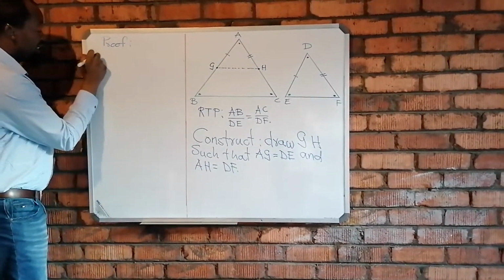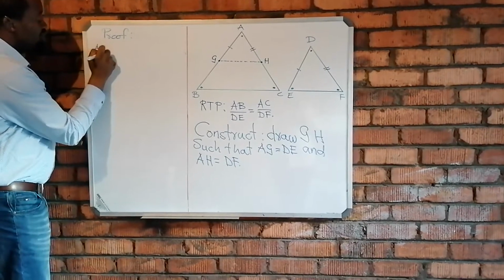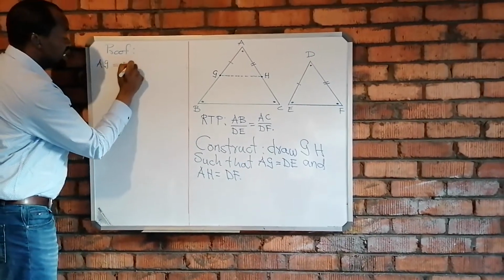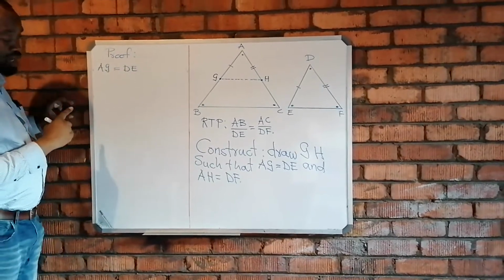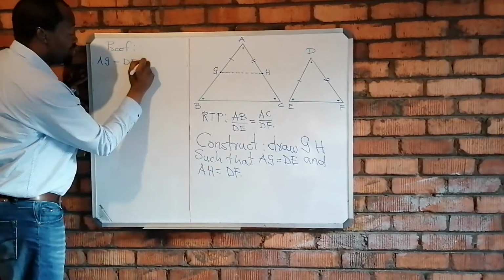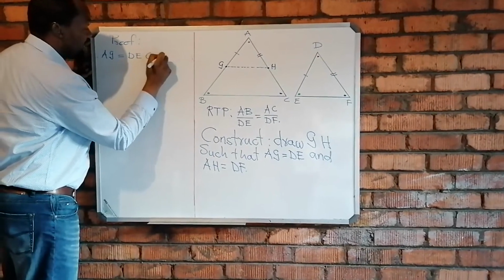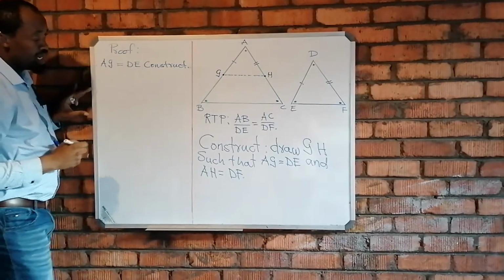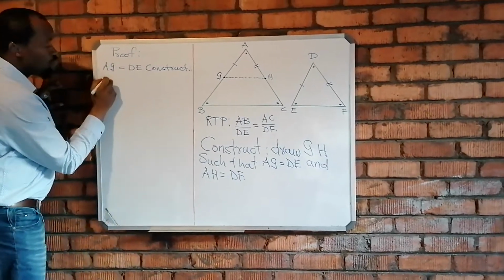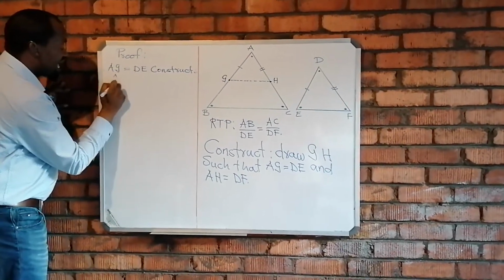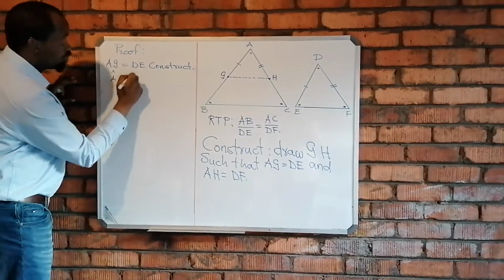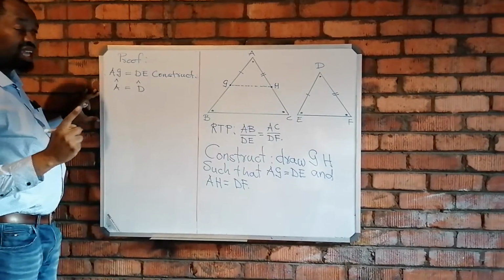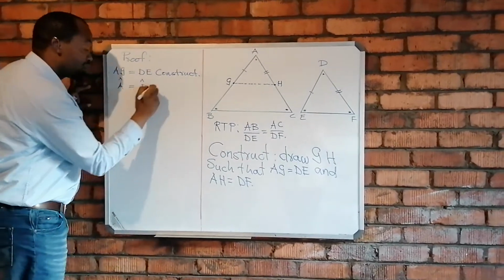What I know is AG is equal to DE. How do I know this? It is from my construction. I'm going to write the construction. Then I also know that angle A is equal to angle D. How do I know this? It was given in my statement.